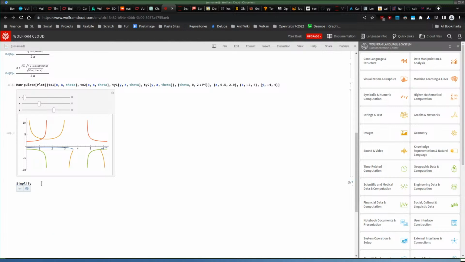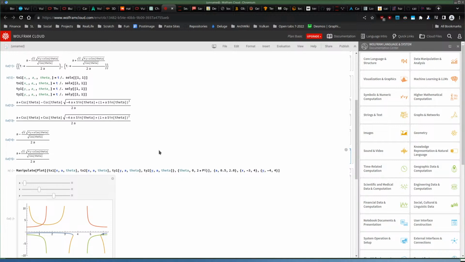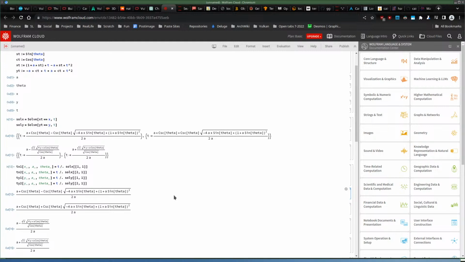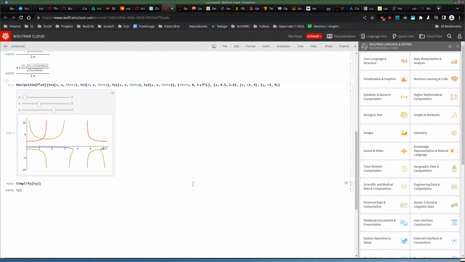Yep. Simplify ty2. Isn't that what? No. ty2. And that didn't work at all. And did I reload these things? I think I definitely did, yeah. But it does not want to do it.